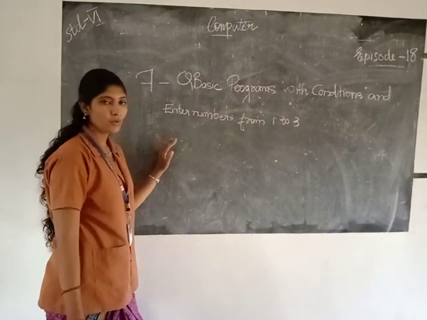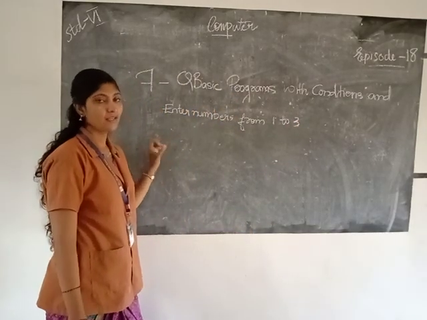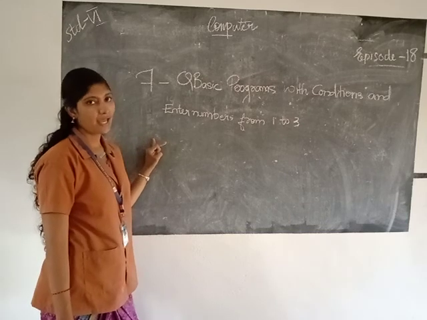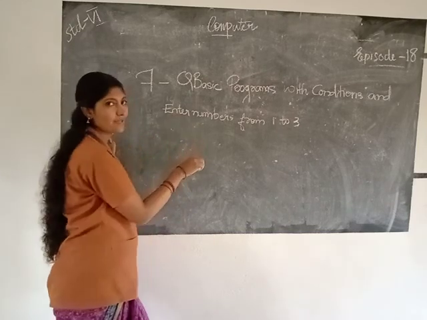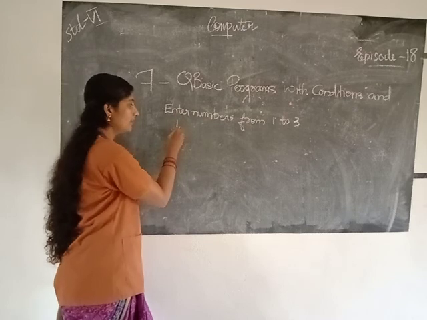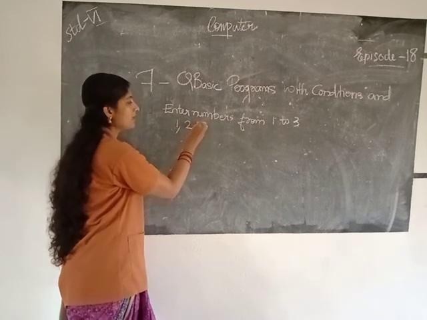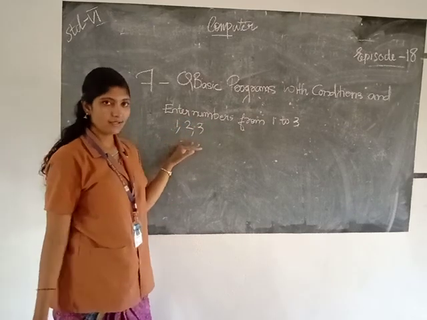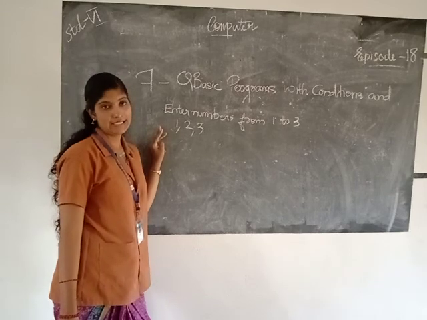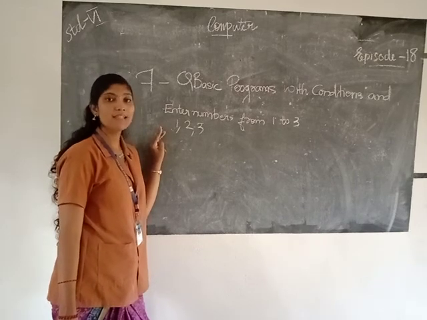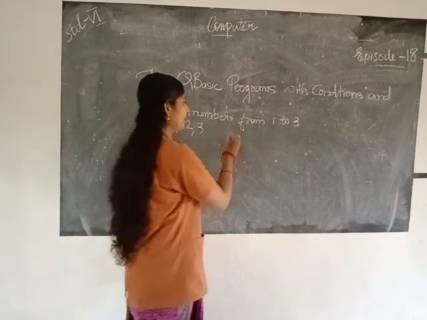That means you can enter the numbers 1, 2 and 3. So which are the numbers you can enter? Number 1, number 2, number 3. So here we have 3 conditions. How many conditions do we have? 3 conditions.